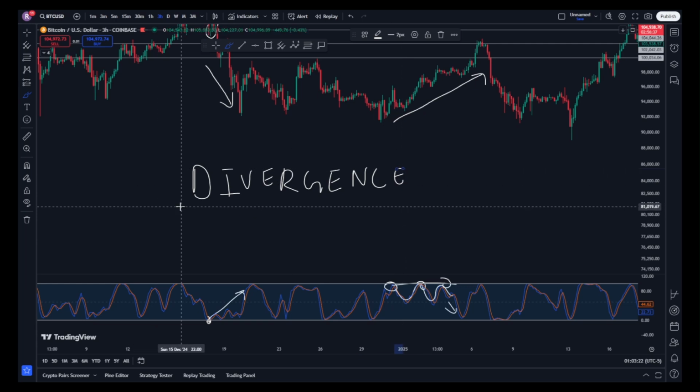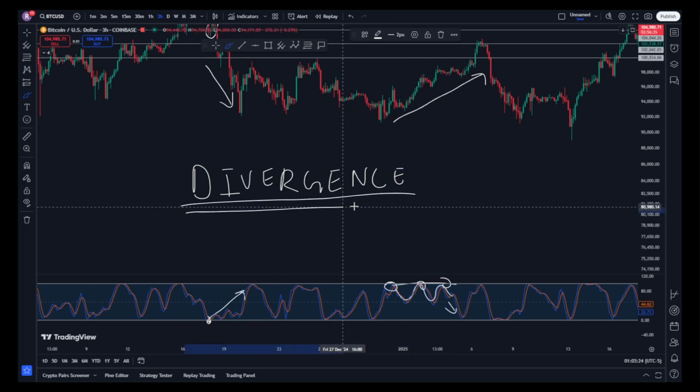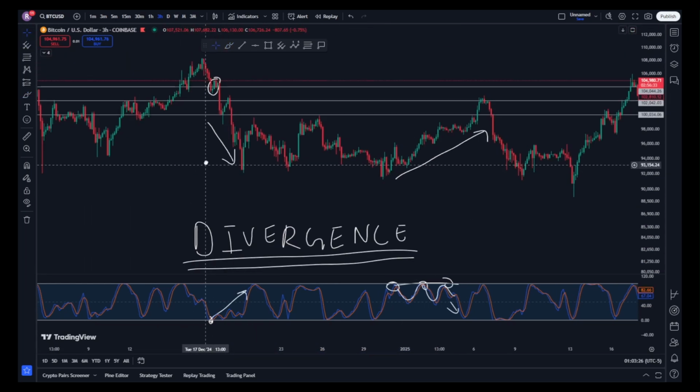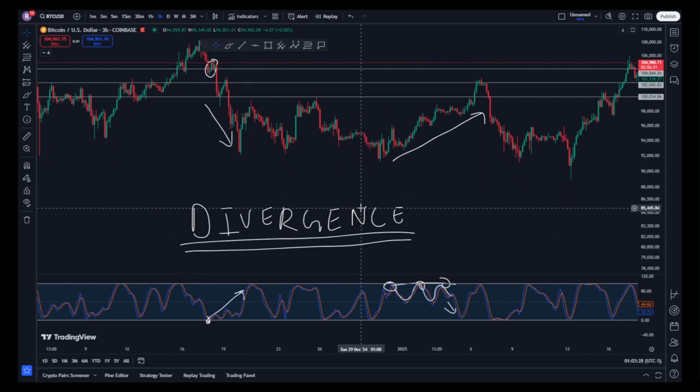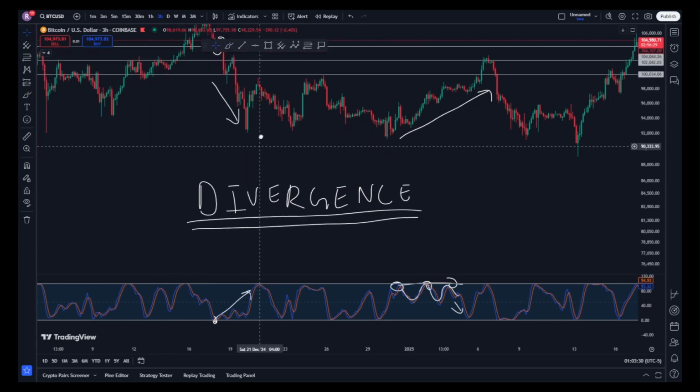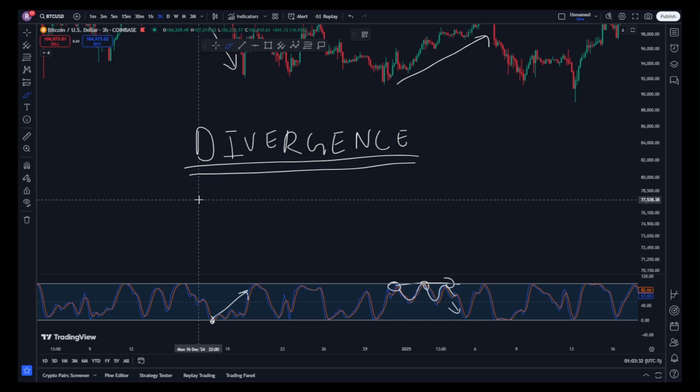This is another one of those concepts when it comes to stochastic. This is a major player. Divergence is essentially discrepancy between price and an indicator.